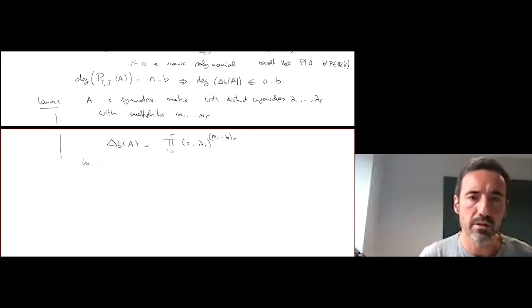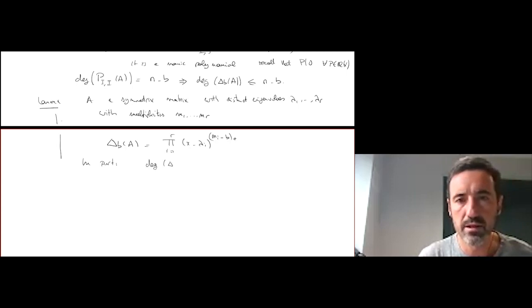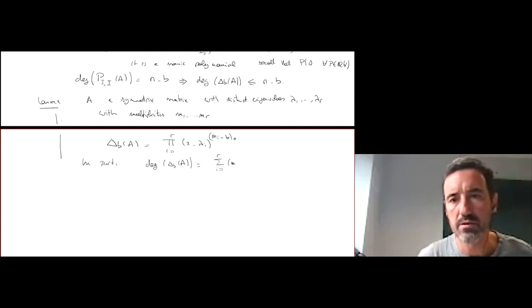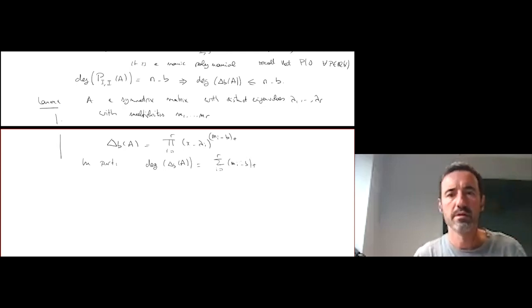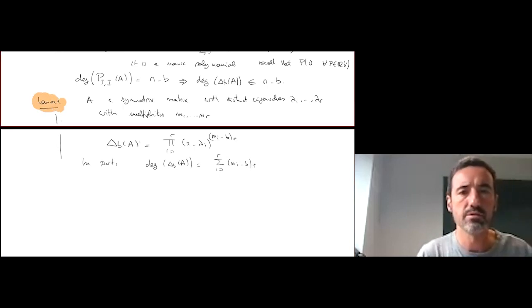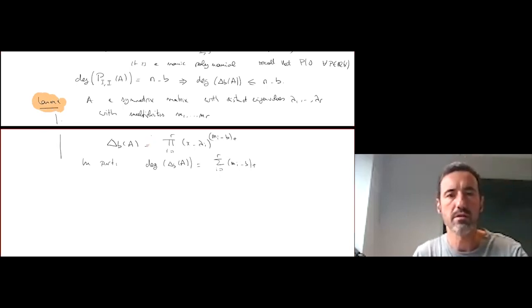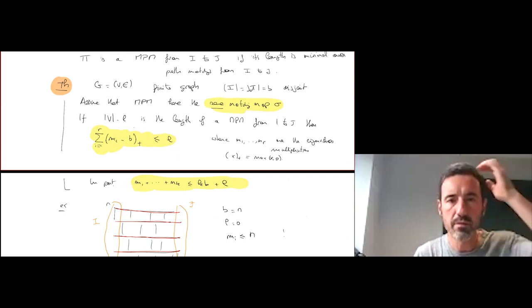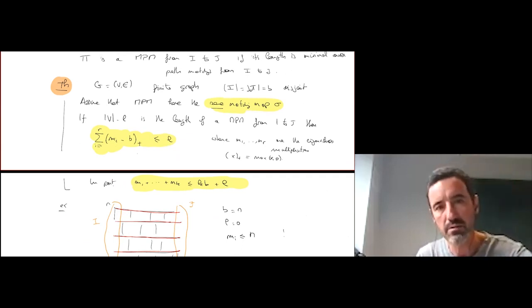In particular, we are only interested in its degree. The degree of delta b of A is equal to the sum over all eigenvalues of the multiplicities mi minus b, positive part. So you see, we are getting closer to the statement of the theorem, because the statement is about the sum of the mi minus b plus being less than something.